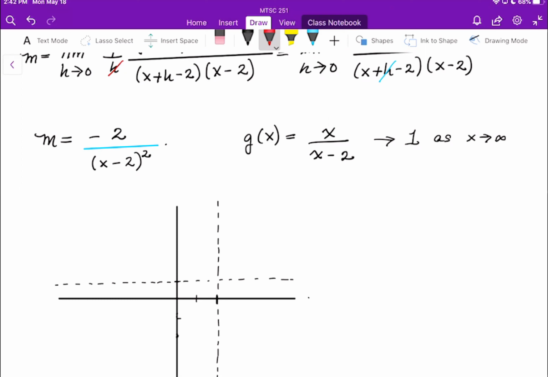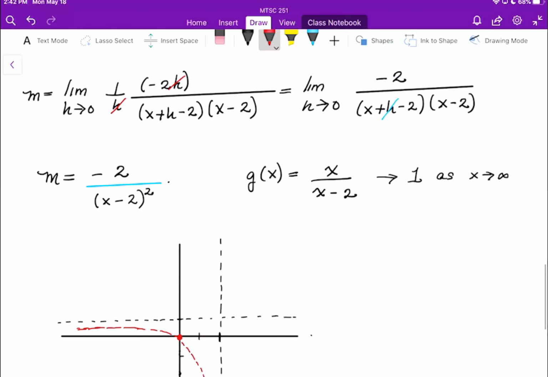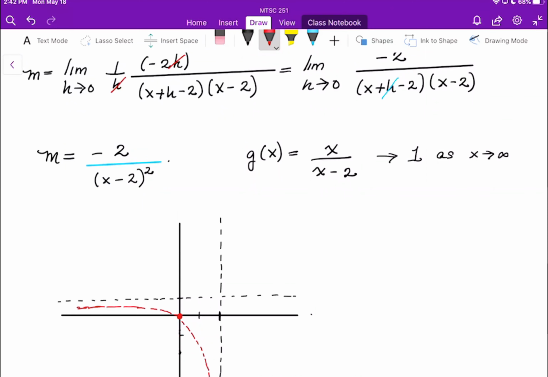I apologize. And if we put 3 into our function, we already know that we get the point 3, 3. So there's the graph of our function.